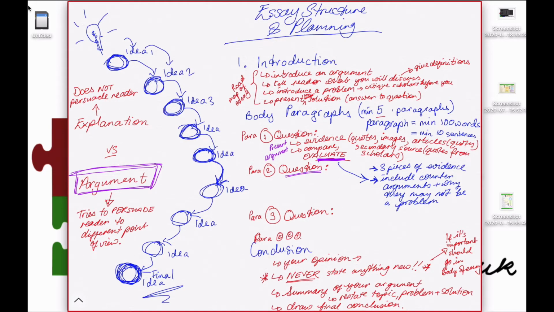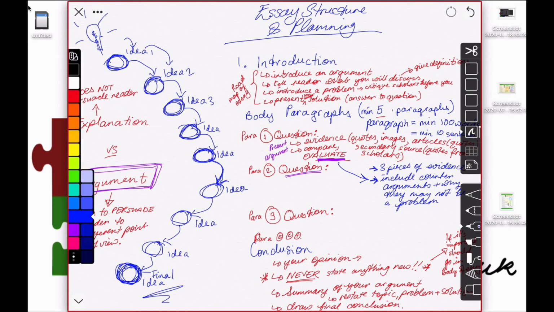Now, when we are looking at how we do that, we've mentioned that we need an introduction, we need a conclusion, and we need body paragraphs. So let's look at what we do in an introduction. I know it's on the screen right now, so let me take it off for a moment.